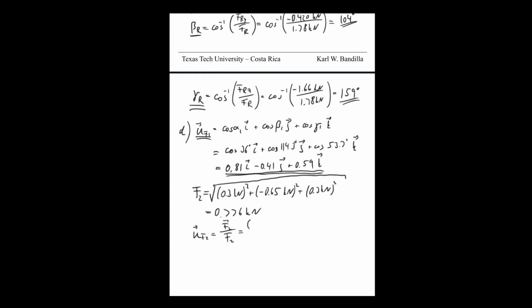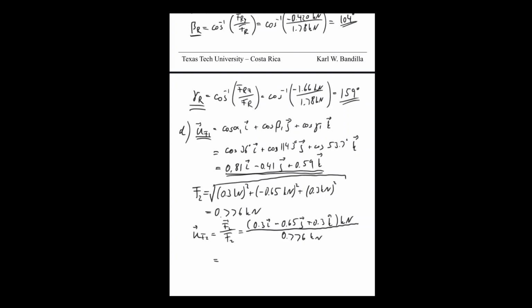That would be 0.3 I minus 0.65 J plus 0.3 K kilonewton, divided by what we just calculated, 0.776 kilonewton.